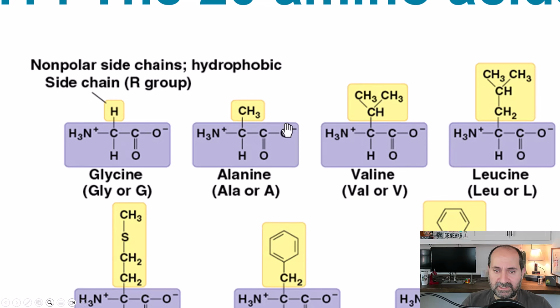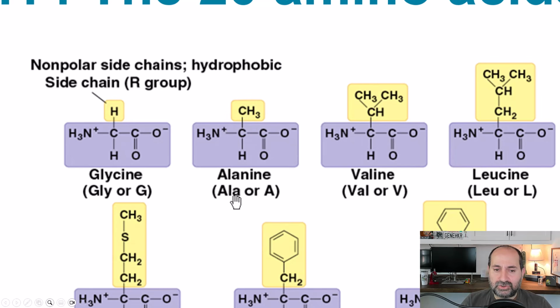And guess what? If you're an amino acid with the R group hydrogen, you're known as glycine. If you're the amino acid with the side chain CH3 or a methyl group as your side chain, this is alanine. It could be shortened to ALA or just A. You see, so these are the amino acids. Amino acids have a name based on what their R group is.